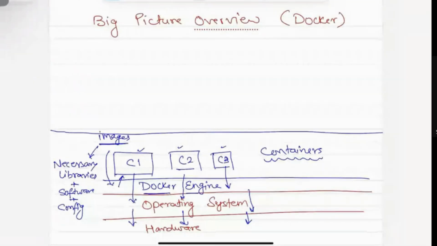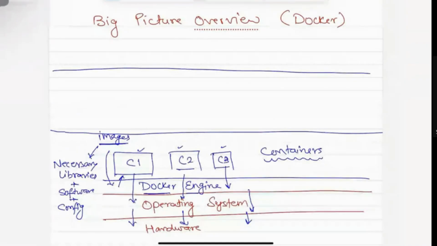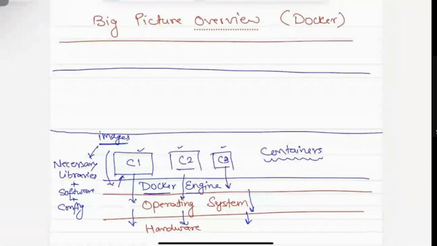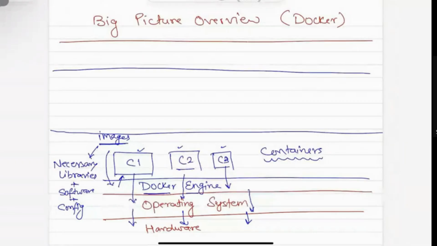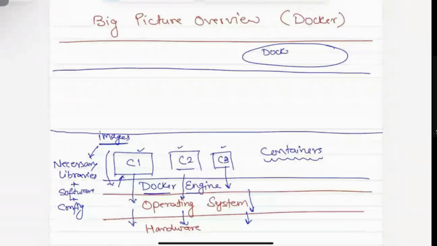Now, one more box I'm going to draw, which will give us an idea that at a high level there is something called Docker Hub. Let me draw this box. So you have something called Docker Hub, like GitHub.